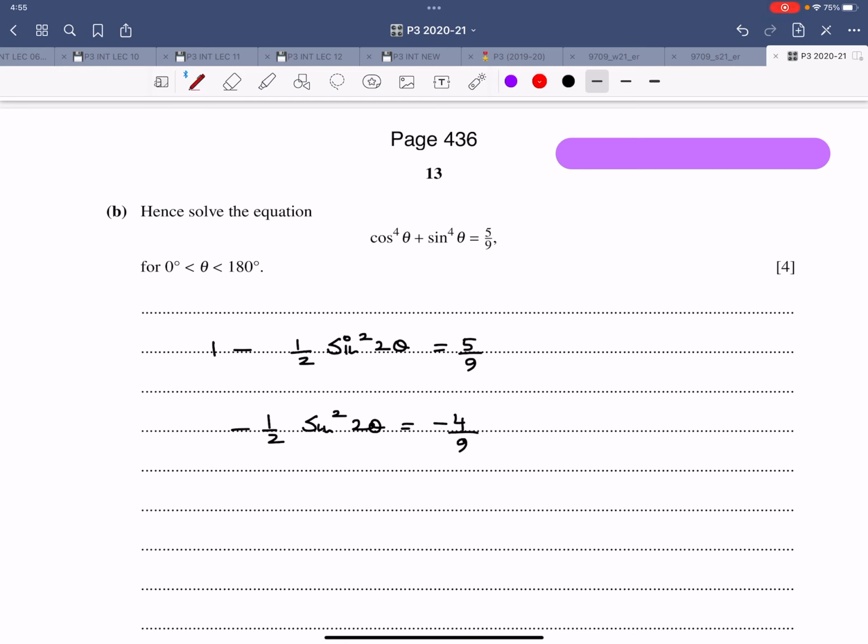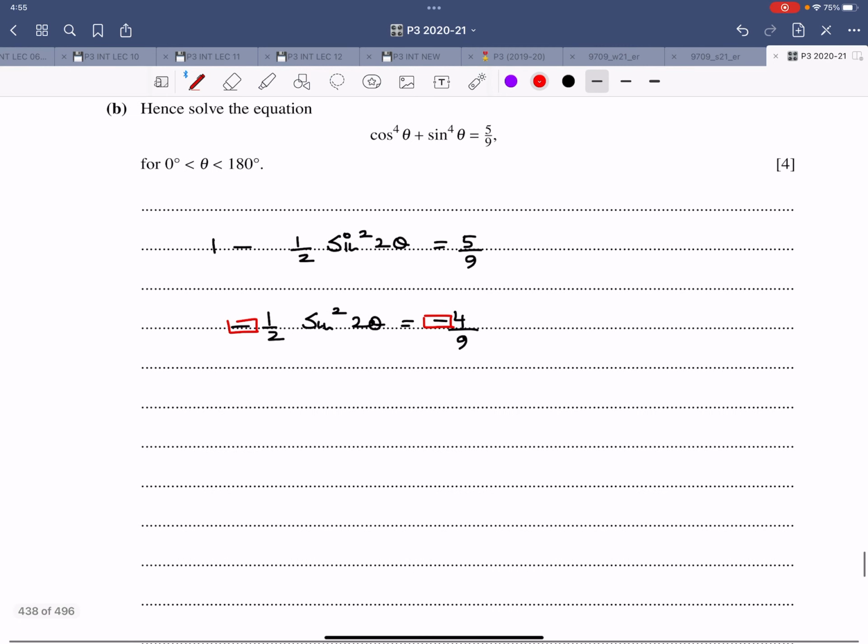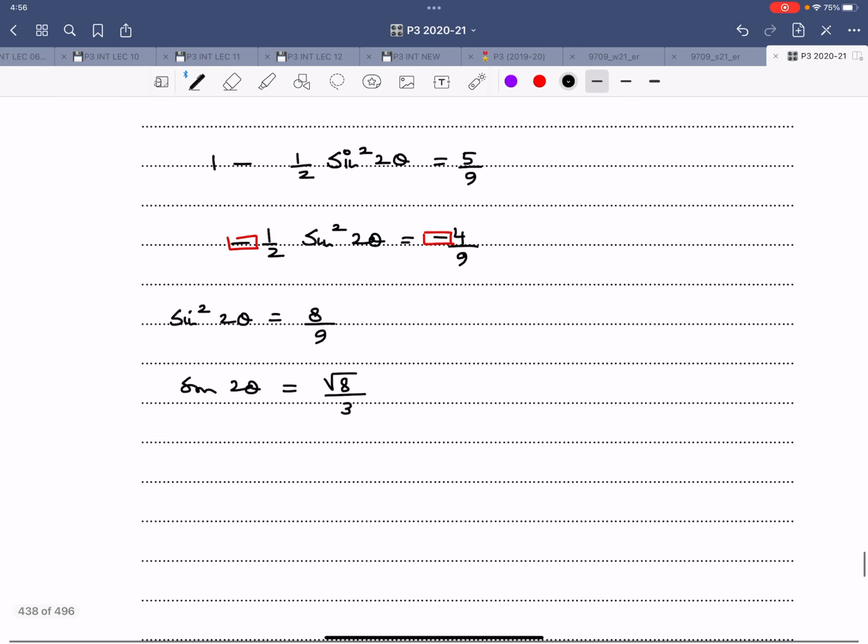This negative and this negative cancel. Therefore sine square 2 theta equals 8 over 9. Therefore sine 2 theta equals square root of 8 divided by 3. That is what you get with a plus and a minus sign.